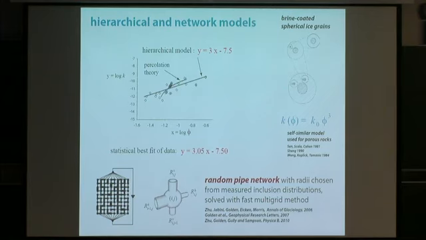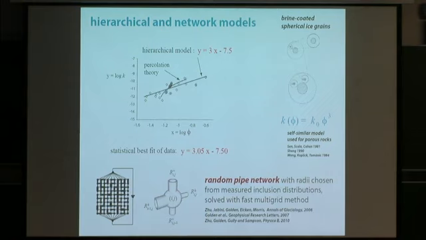So then we've also looked at these Archie law types of models. What we specifically looked at was this hierarchical structure that we have in sea ice, brine-coated spherical ice grains. So we basically get this with that same scaling, and so then we get this over a much larger range, because the percolation theory is only valid above the threshold.